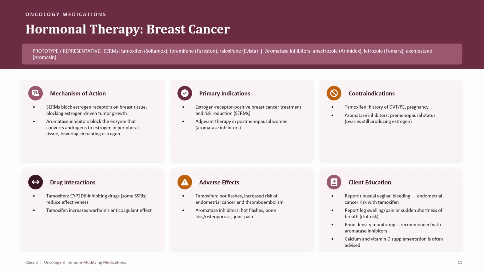The aromatase inhibitors, on the other hand, remove estrogen almost entirely, and estrogen happens to protect bone density. So their signature risk is bone loss. Same hormone, opposite problem, depending on whether you're blocking the receptor or wiping out the hormone altogether.